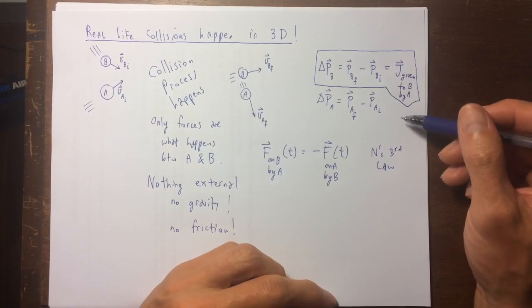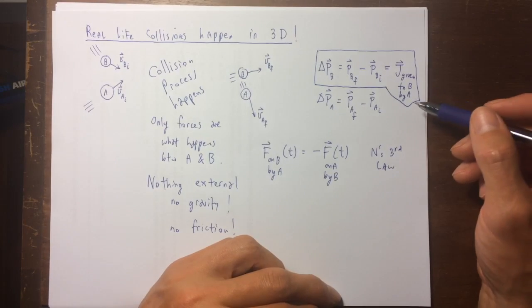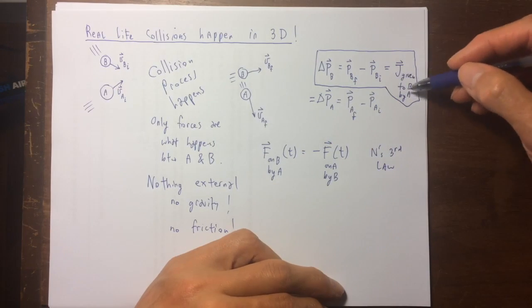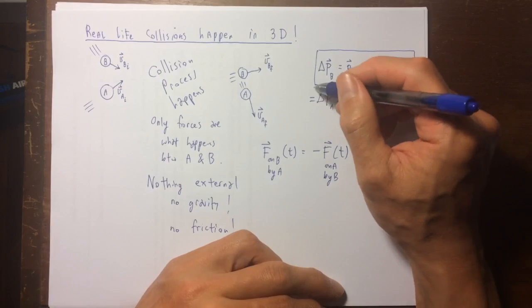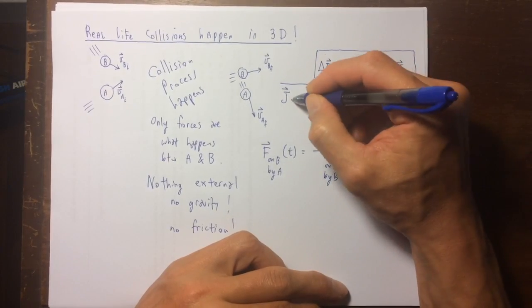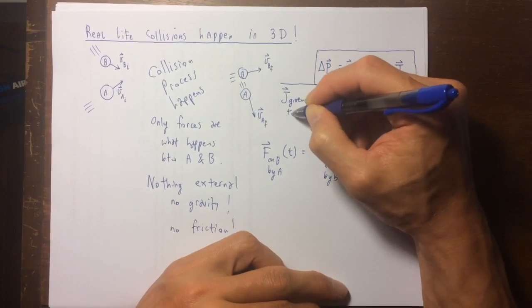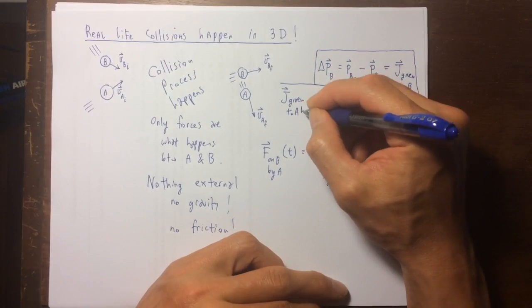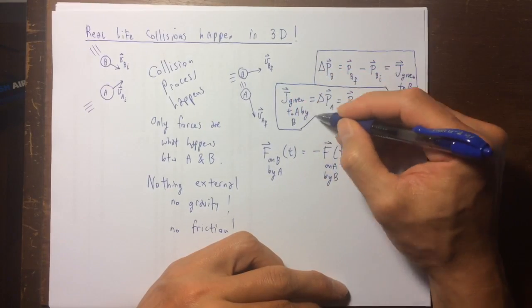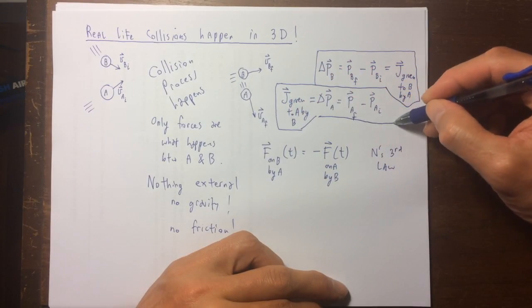This is due to a force on B by A. And then over here, I kind of made the mistake of making too much motion over it there, so let me put it over here. This is the impulse given to A by B, because B also pushes on A.